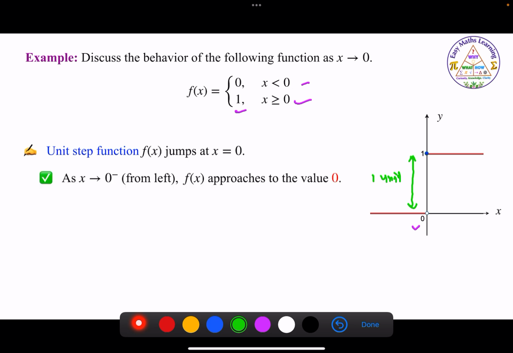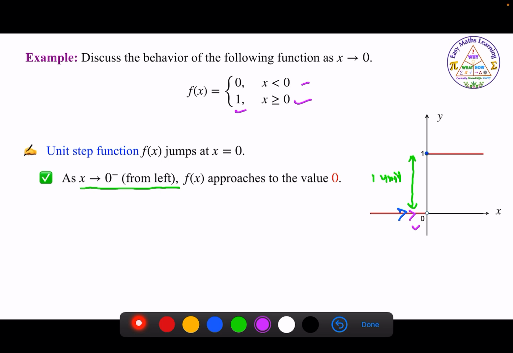Now what about the limit? As x approaches 0 from the left, what is the behavior of the function? The function also approaches 0 from the left.